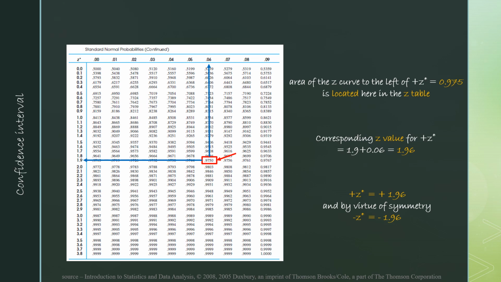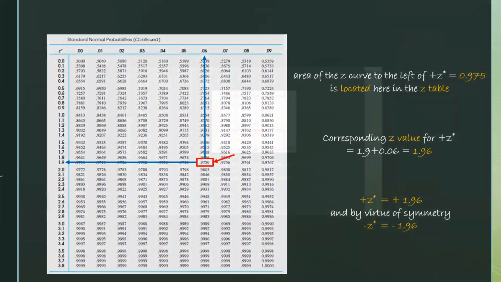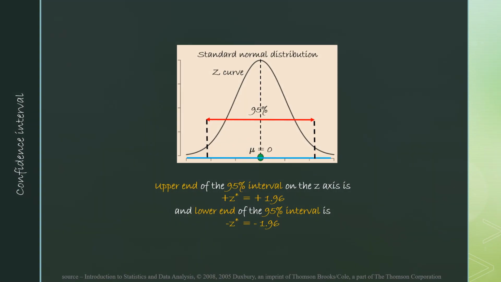Therefore, plus z star equals plus 1.96, and by virtue of symmetry, minus z star equals minus 1.96. Therefore, the upper end of the 95% interval on the z-axis is plus z star equals plus 1.96, and the lower end of the 95% interval is minus z star, which equals minus 1.96.